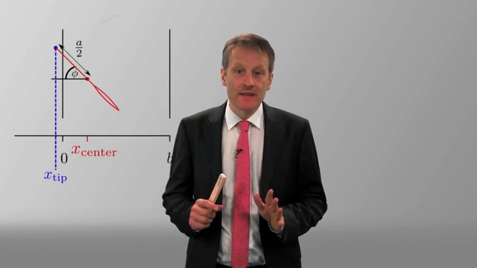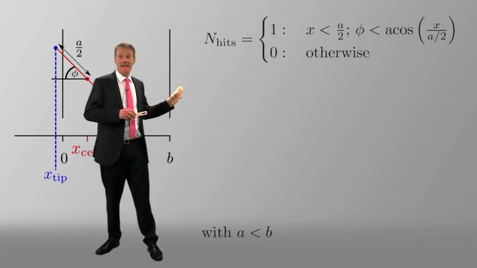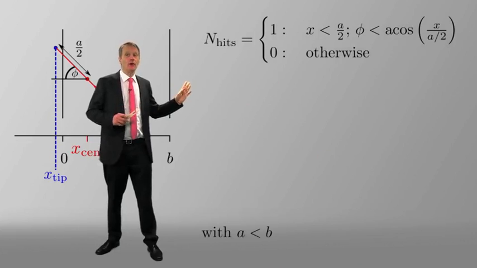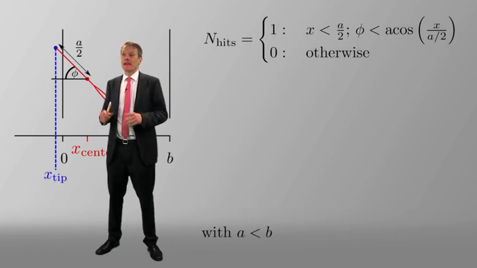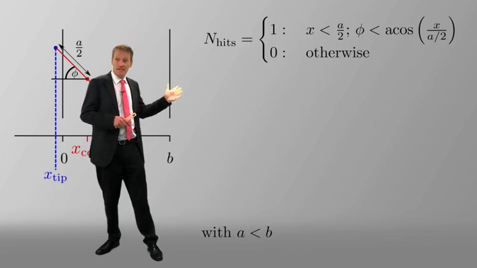More precisely, the number of hits of a needle centered at x and oriented along phi is given by n hits of x and phi, which is given by this formula.